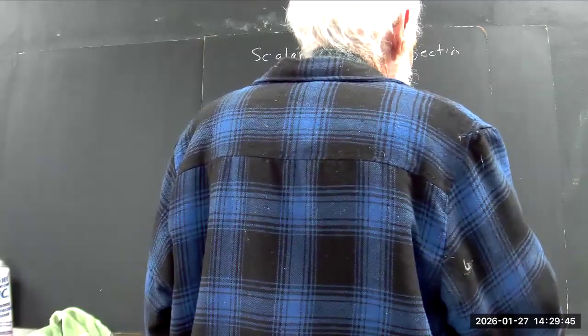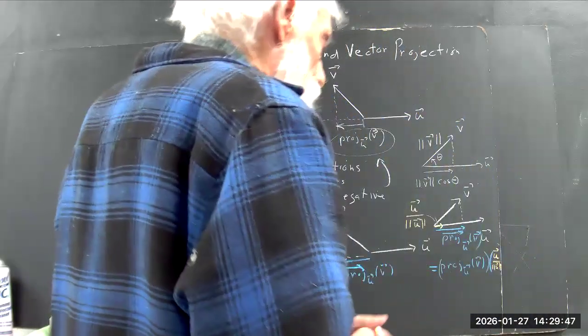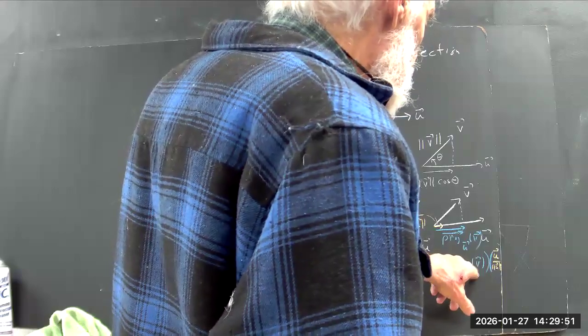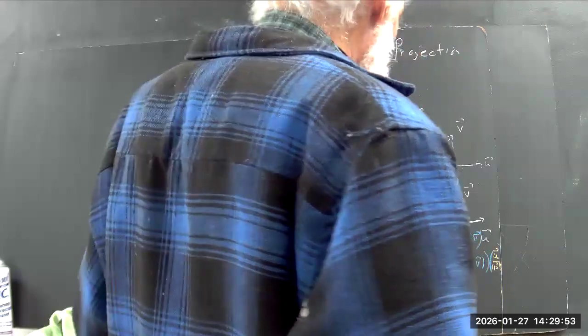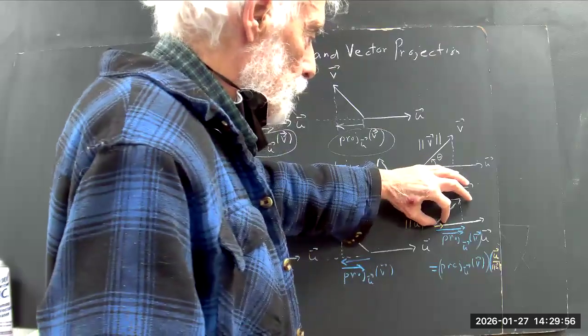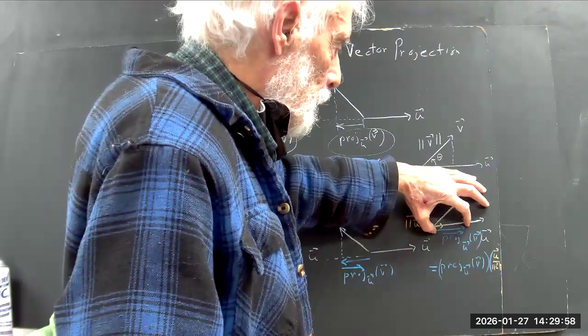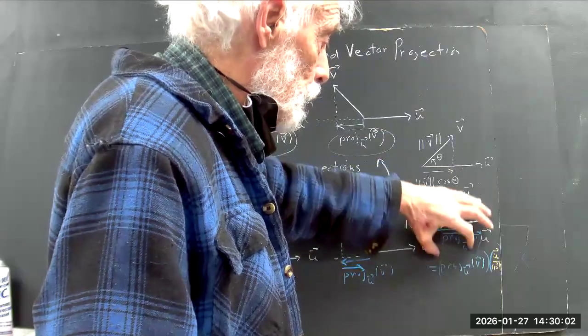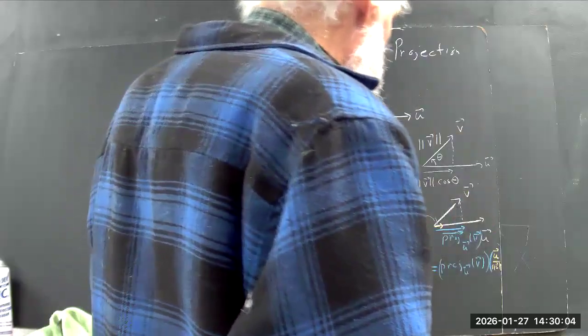I had to squeeze that in. It's just u over the magnitude of u. Projection onto u of v times u over the magnitude of u. Obviously, this is a unit vector. If you multiply it by the projection, you're going to get the vector projection.